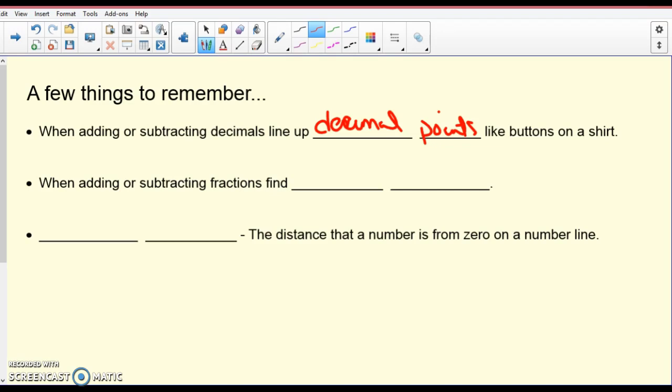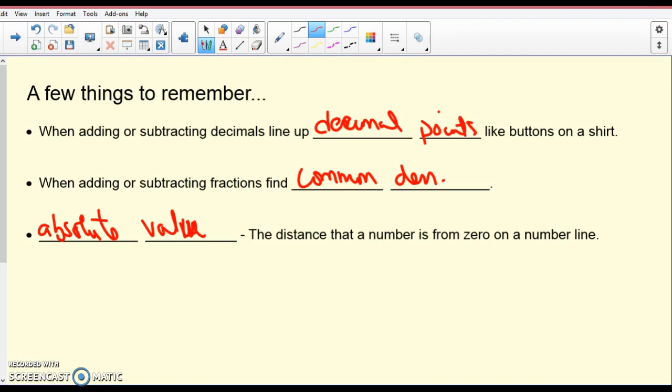Find common denominators. And absolute value, which we've already been talking about. Absolute value is the distance a number is from 0 on the number line. And it's going to always be positive.